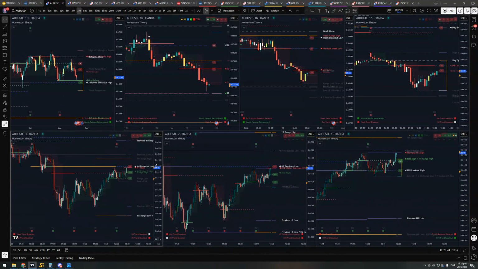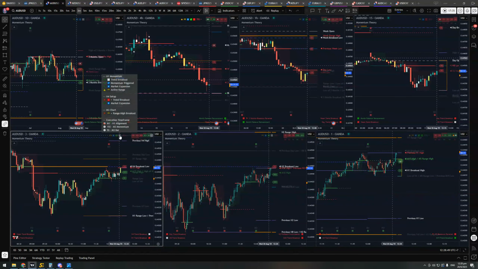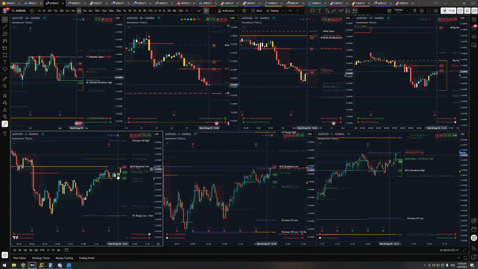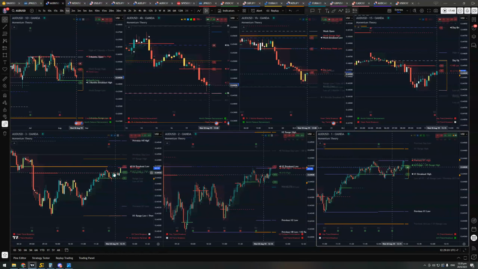So if I want to be more aggressive, I can now trade the alignment. If I hover over this quick buy section, execution time frame, I trade the H1 alignment on the M1. So I can see how this H1 bar is behaving by looking at the M1. So now it's valid for me to take M1 trades based off of this H4 move.